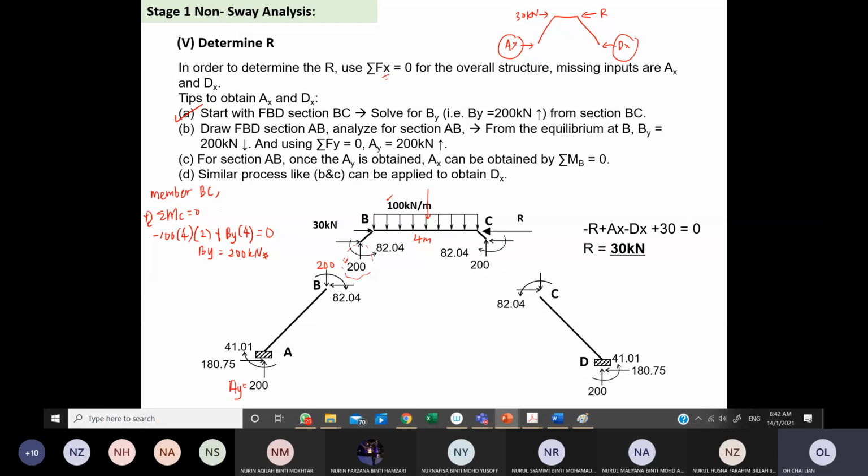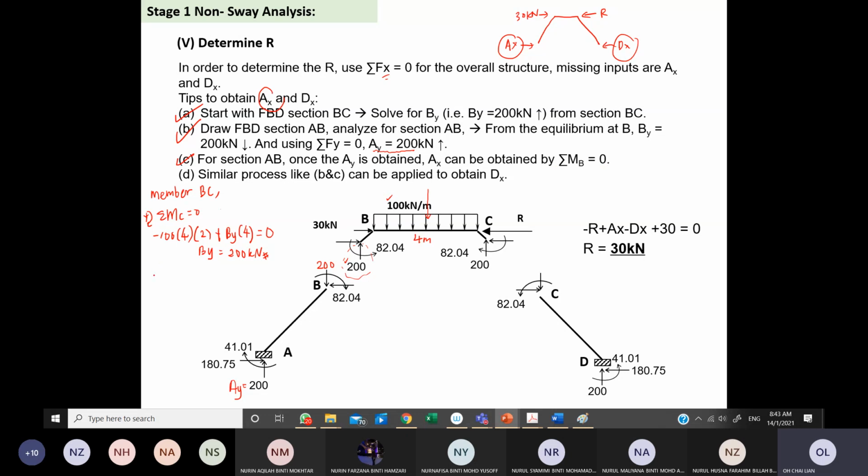Now once you have solved for the AY, this is number B. Why do we want to solve for the AY? Because our final aim is to get the AX. So for section AB, once the AY is obtained, AX can also be obtained by using summation MB equal to 0.